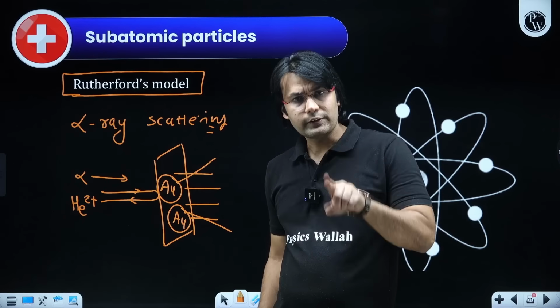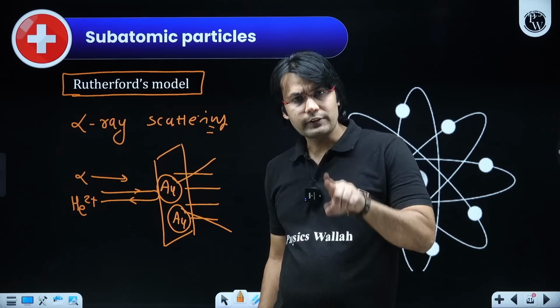So first, let's discuss what is the meaning of radiation from an atom, and why electrons do radiation. If I consider an atom according to Bohr, this is my nucleus, and let's consider any two orbits of the atom. This is one orbit, and this is another orbit.